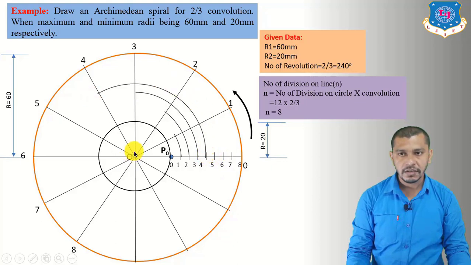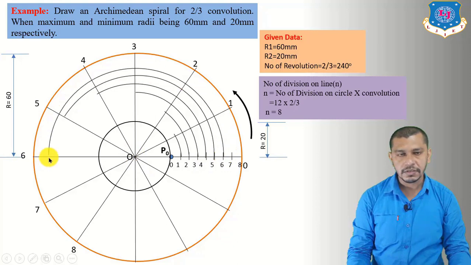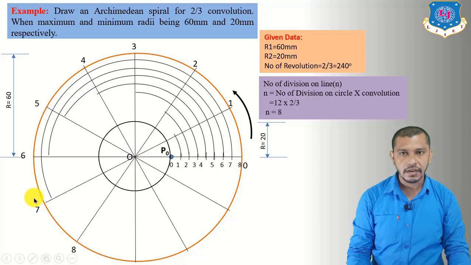Center at O, radius is equal to O to 5, give an arc on the fifth division of the circle.